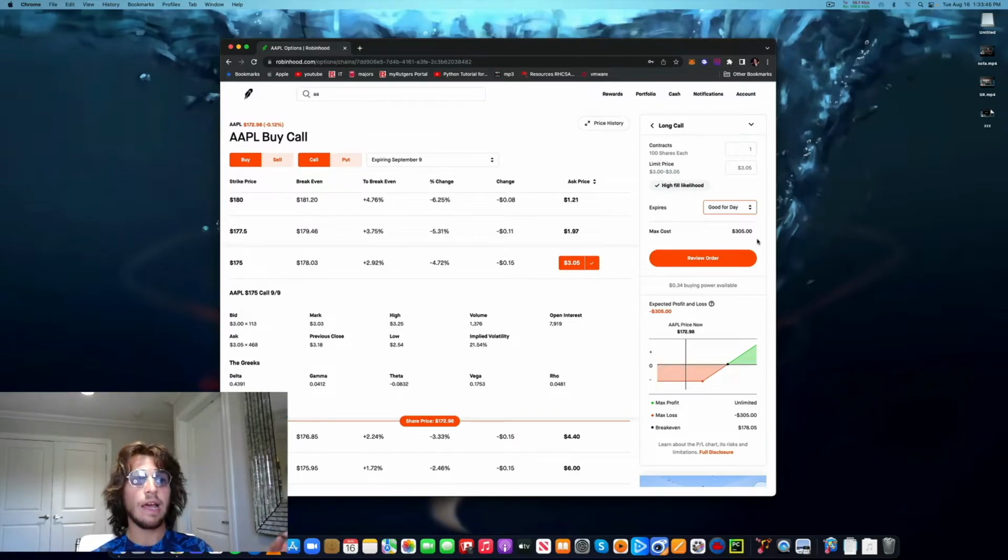Like I said, it doesn't need to be at that break-even point if you're not at the date when it expires. So if Apple went to 176 right now, you'd be in good hands. You can sell your contract. That'll be it. Self-explanatory, one and done, quick and easy.